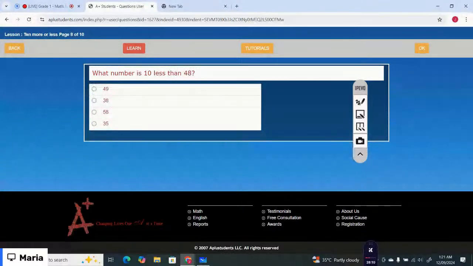What number is 10 less than 48? So 10 less than 48 means you need to take away 10, right?